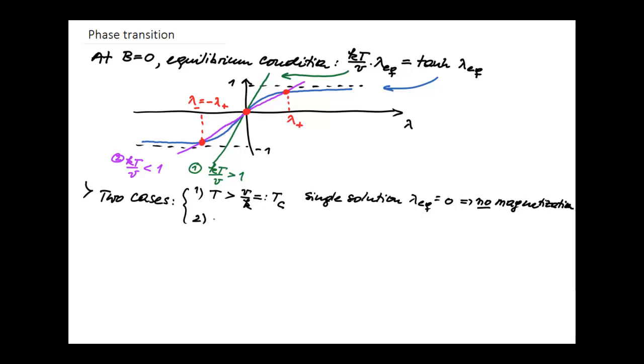In the second case, where the temperature is smaller than this critical temperature, we have two additional solutions, lambda plus and lambda minus. And now what you still have to do is to check which of these three solutions really gives the lowest free energy, because that will be the equilibrium. We have three candidates, 3 points at which the derivative of the free energy with respect to lambda vanishes. So you have 3 local extrema, but you still have to find out which of these is actually the minimum and where the equilibrium lies.